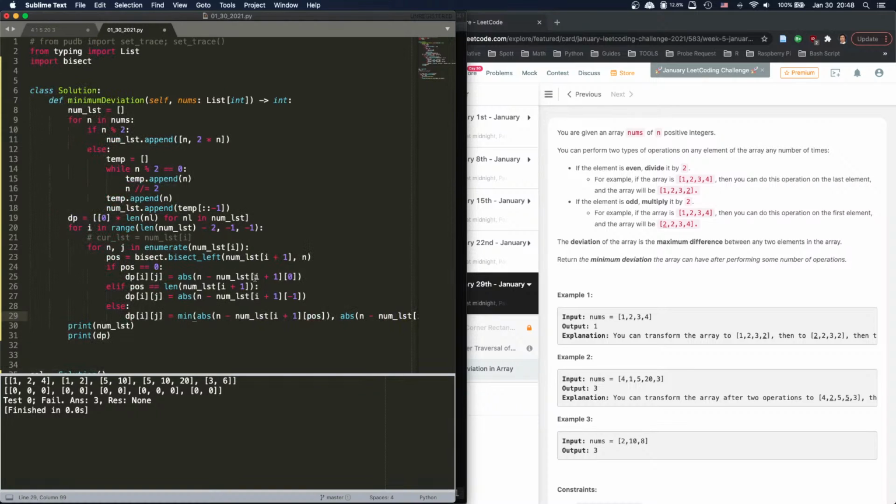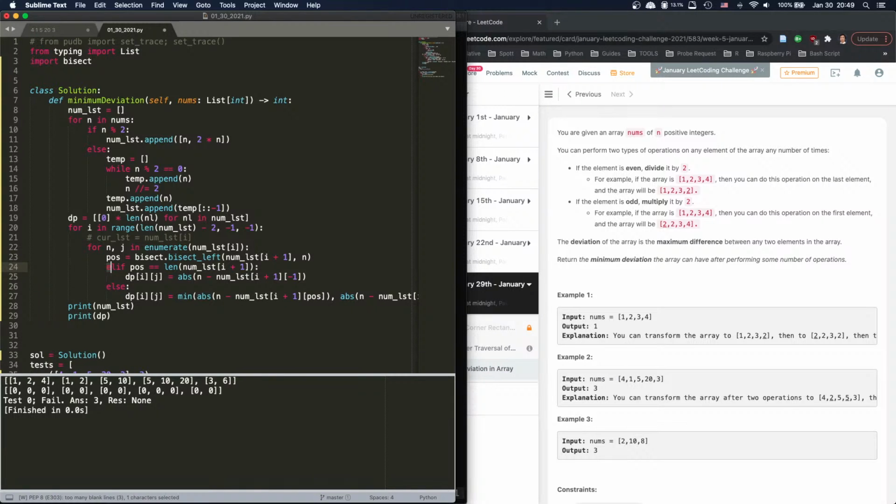So we can eliminate this. I think we don't need to check for position being 0, because it can be covered. So I think the only thing we need to check is this. So we do that for each value, and after we're done, we move on.